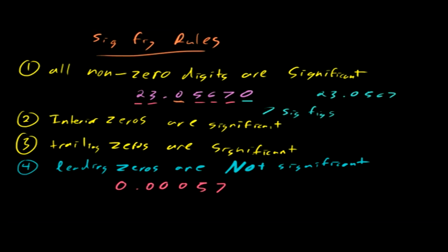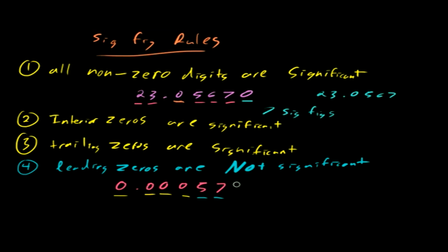What this is saying is that all of these zeros here, and also this 0, are not significant. All these zeros are doing is holding the decimal place for our significant figures. So our significant figures in this example are just our 5 and our 7. That means in this example we have 2 significant figures.